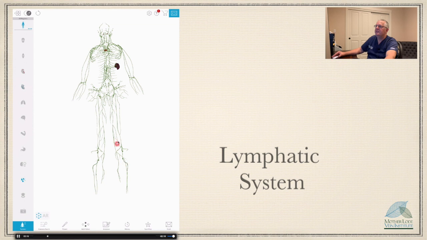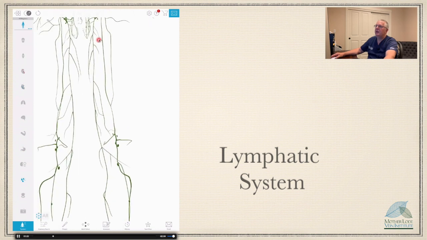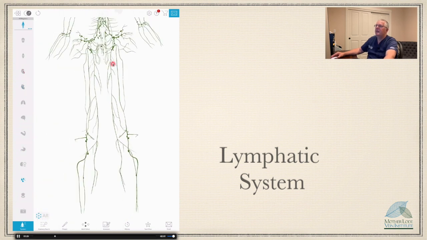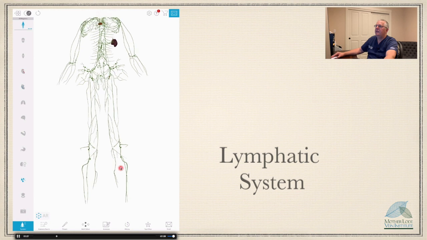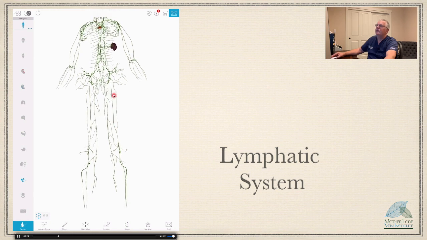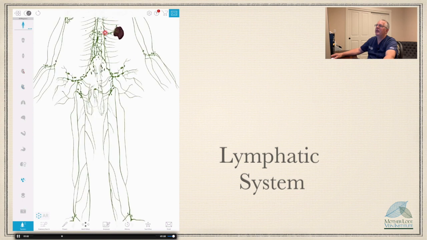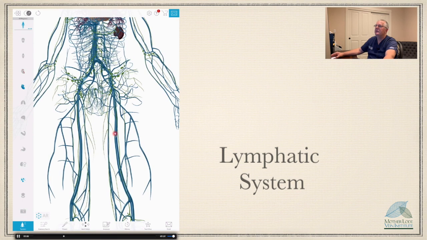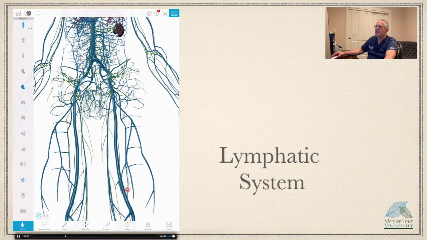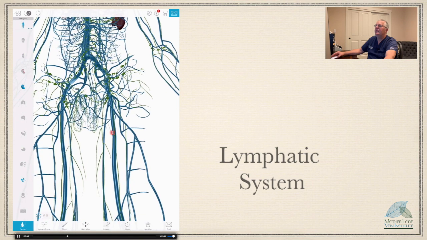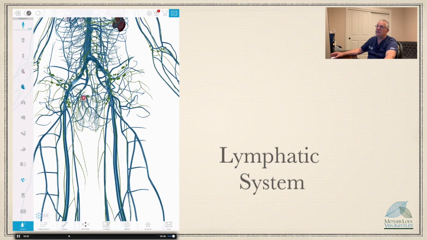You can see lots of little tiny channels here, and these are the lymph nodes, and there are lots of lymph nodes in the pelvis. The lymphatic fluid has to go up through these little channels, and they filter and empty into the vein up here in the neck that we talked about earlier. So this is the venous system when we turn it on, and you can see how it relates to the lymphatic system.